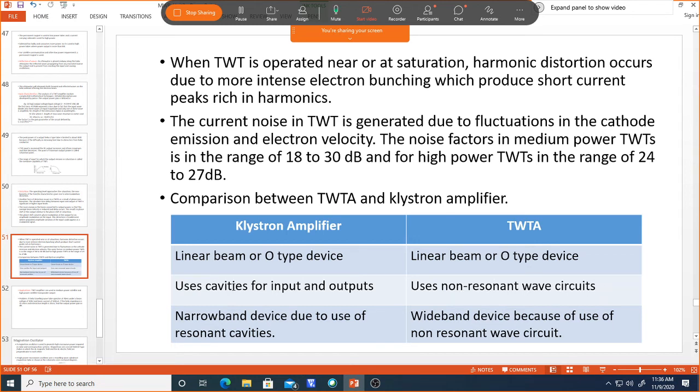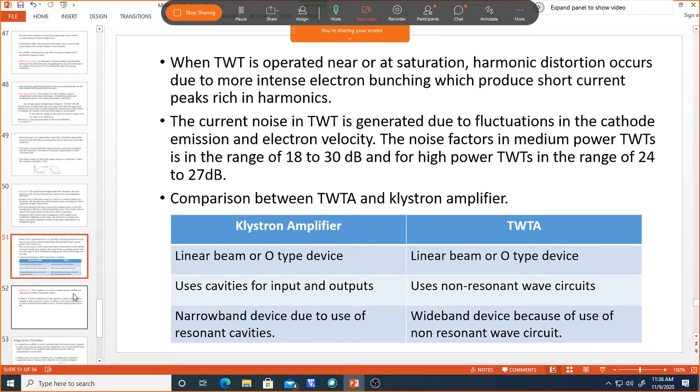Because of the resonant cavities, the klystron gives a very narrow band, so the bandwidth will be very less. Here it is wide band, giving good bandwidth because of the non-resonant circuit used. This is the comparison between the klystron amplifier and the traveling wave tube amplifier.